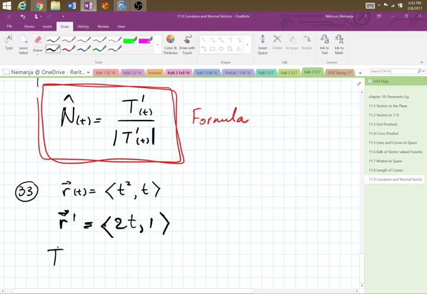The unit tangent vector is going to be 2t, 1 divided by the magnitude. And what's the magnitude?